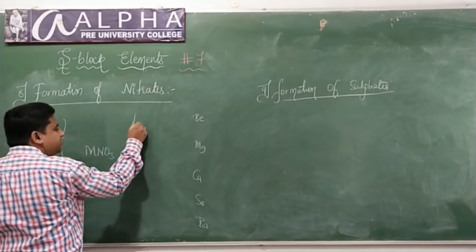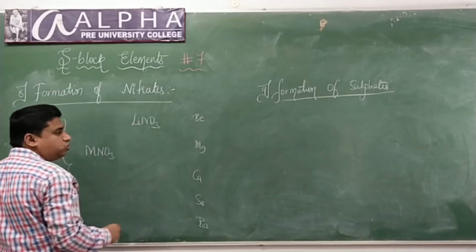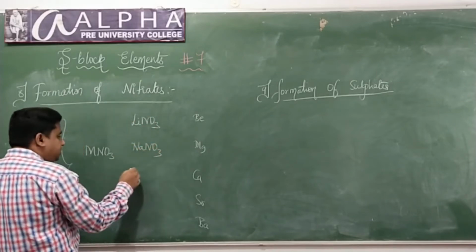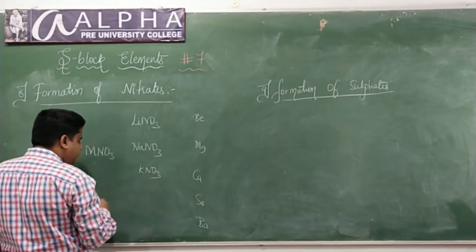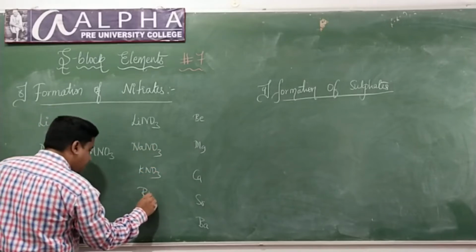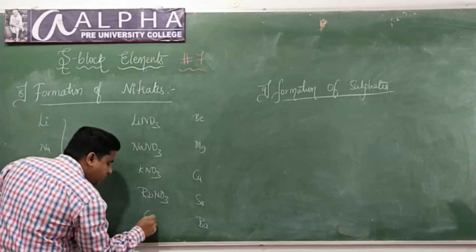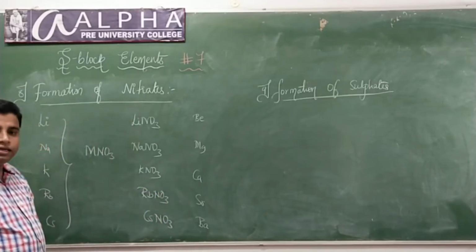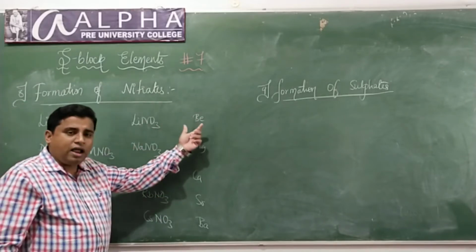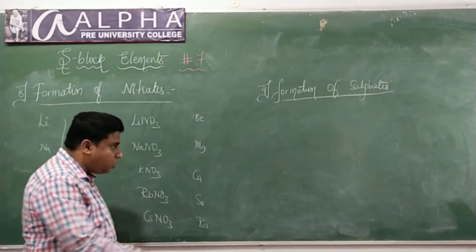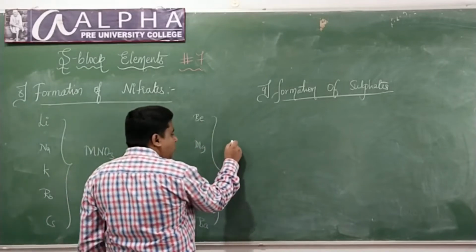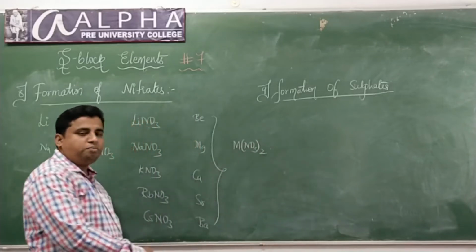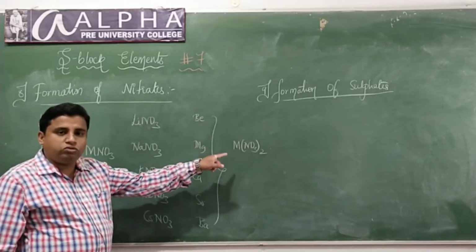For example, lithium nitrate LiNO3, sodium nitrate NaNO3, potassium nitrate KNO3, rubidium nitrate RbNO3, cesium nitrate CsNO3. Like that, all alkaline earth metals will form nitrates of the formula M(NO3)2.